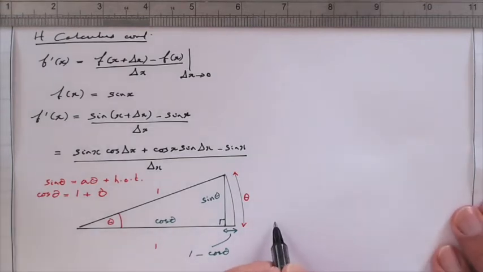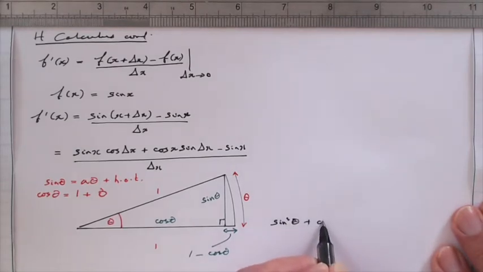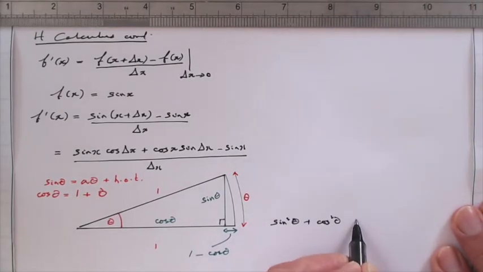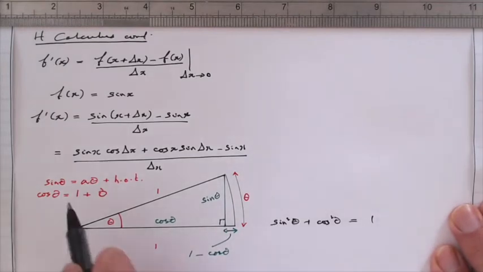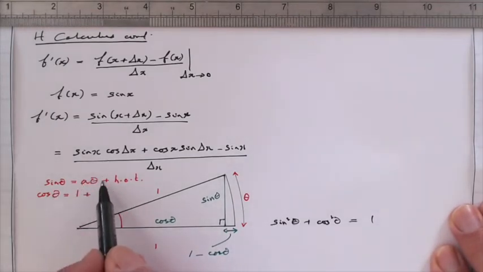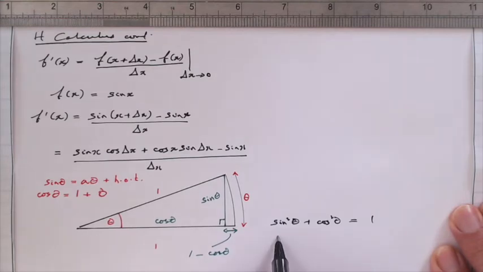We always have that sine squared theta plus the cosine squared of theta is equal to 1. That's always true. That's just Pythagoras' theorem. And for these very small angles, let's have a look. Sine squared theta, the leading term of it, is just going to be a squared times theta squared.